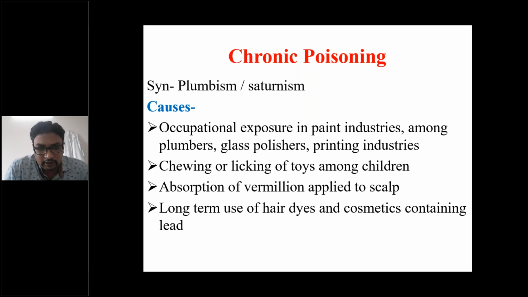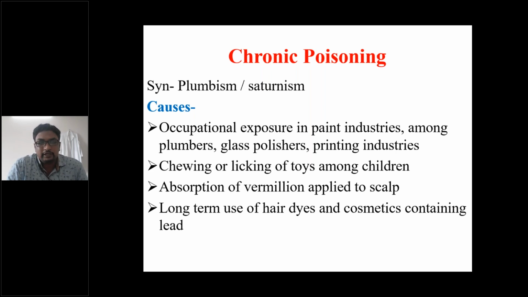Industrial workers, occupational health workers: occupational exposure in the paint industry and among plumbers, glass polishers and printing industries. These are the ones who are exposed to chronic lead poisoning. And then chewing and licking of toys among children.